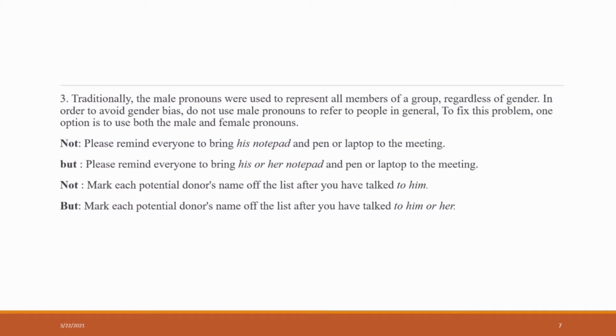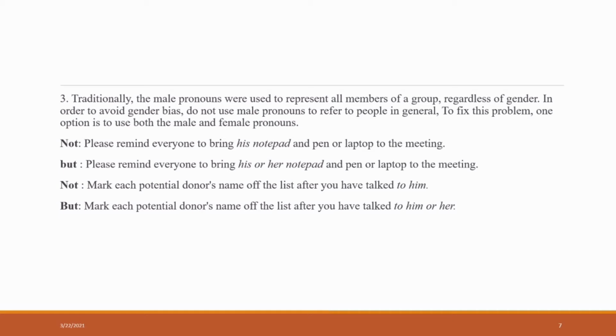Traditionally, the male pronouns were used to represent all members of a group, regardless of gender. In order to avoid gender bias, do not use male pronouns to refer to people in general. To fix this problem, one option is to use both the male and female pronouns. Note: please remind everyone to bring his notepad and pen or laptop to the meeting.